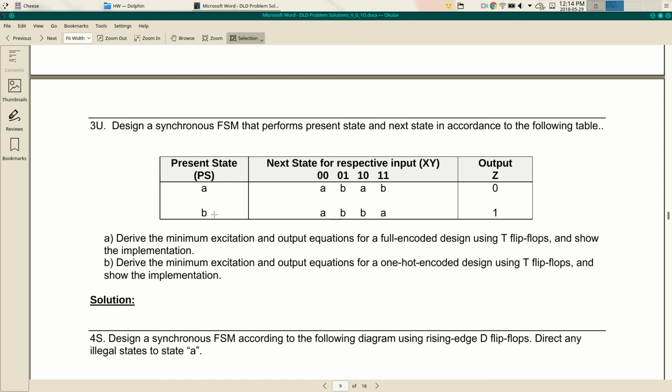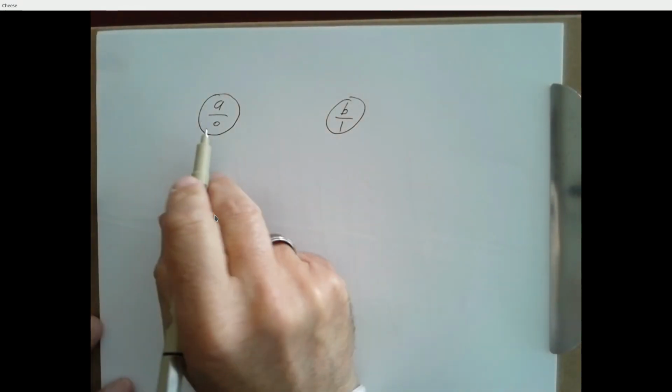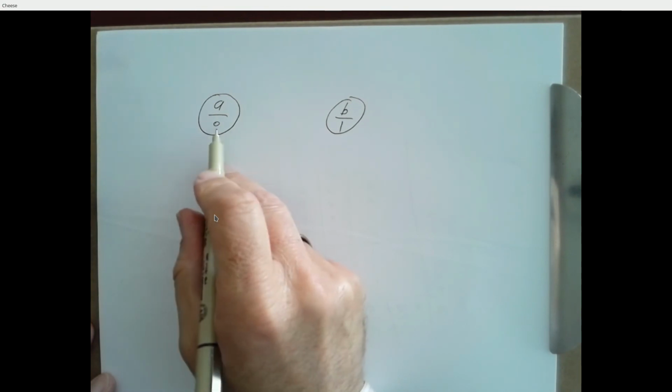And we could draw a diagram for this. So I'm going to show 2 states. And since it's a Moore machine, the output can be shown inside the state.